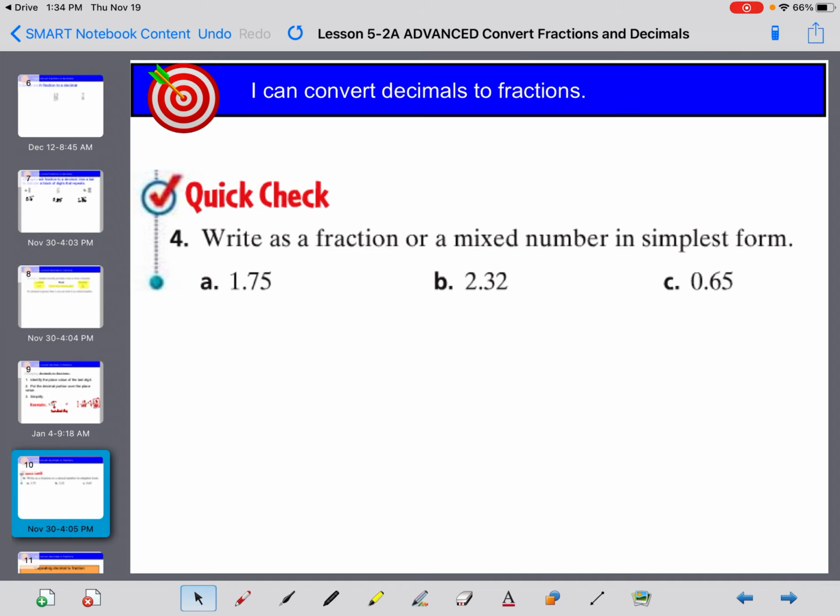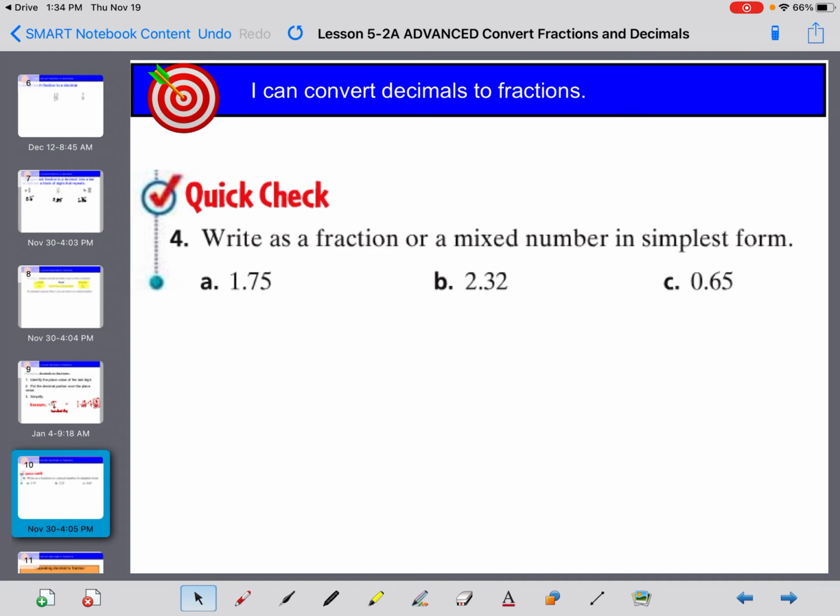Then simplify. For example, if I have 3/10 repeating, I simply identify the repeating digits. That's a 3. Step 2, place the repeating digit in the numerator.